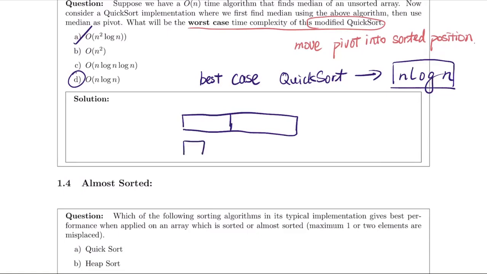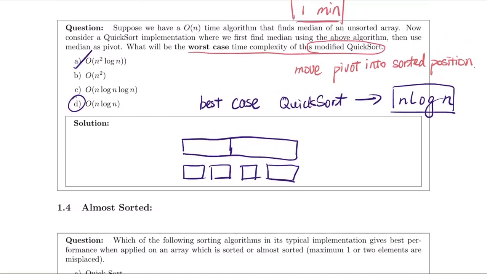Yeah. So when we split the array into exactly half subarrays, we have the best case, right? The question here is that we already have a magic that tells you the median of an unsorted array.